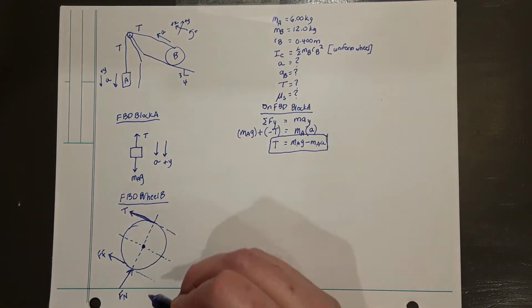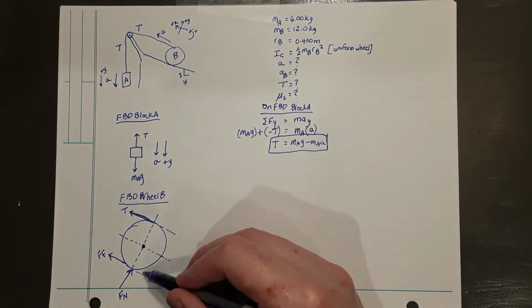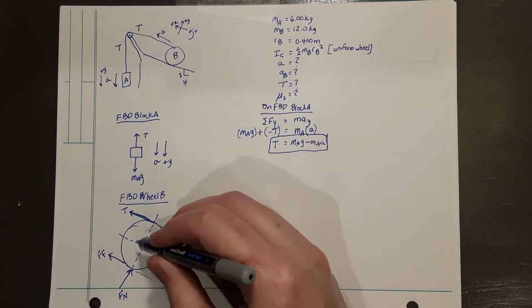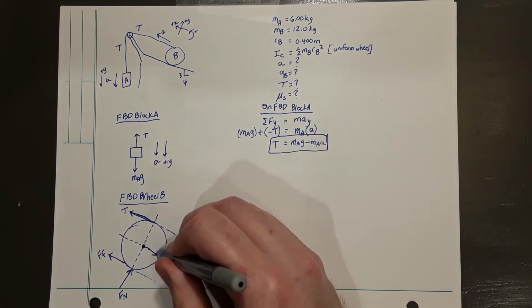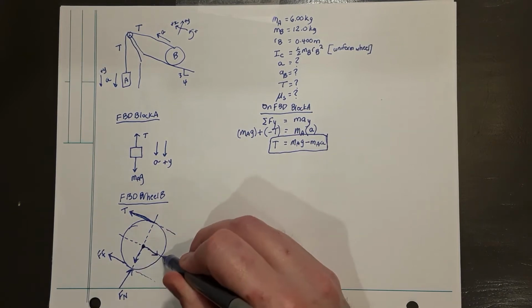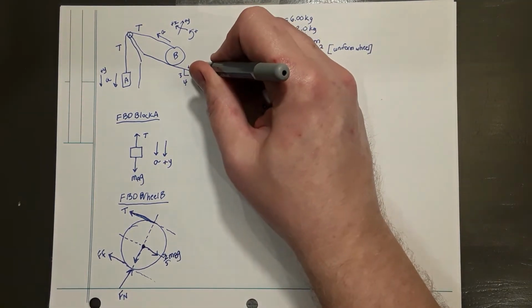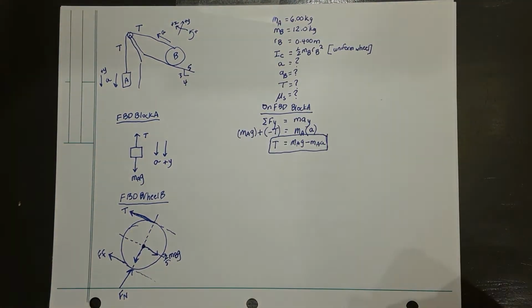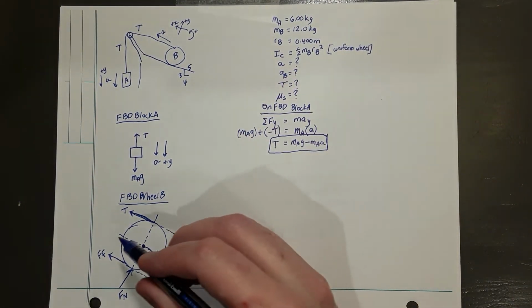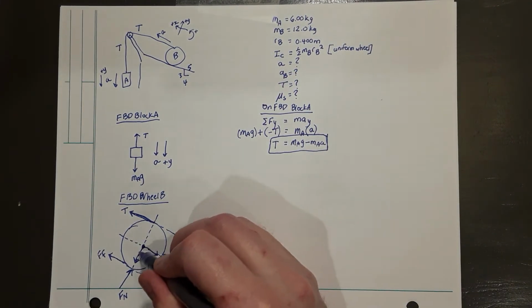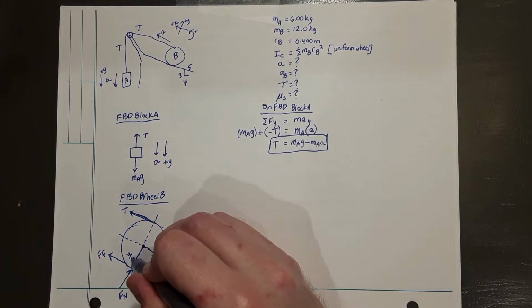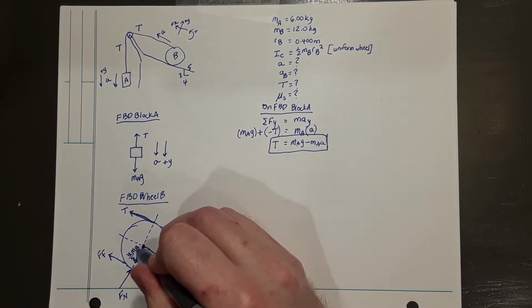The weight vector of this object is directed straight down, but if we resolve it into its two components, the component that is along the incline is always mg sine theta, and because we have a 3-4 triangle, sine theta is 3/5. The component of the weight into the incline is mg cos theta, so that'll be 4/5 mBg.